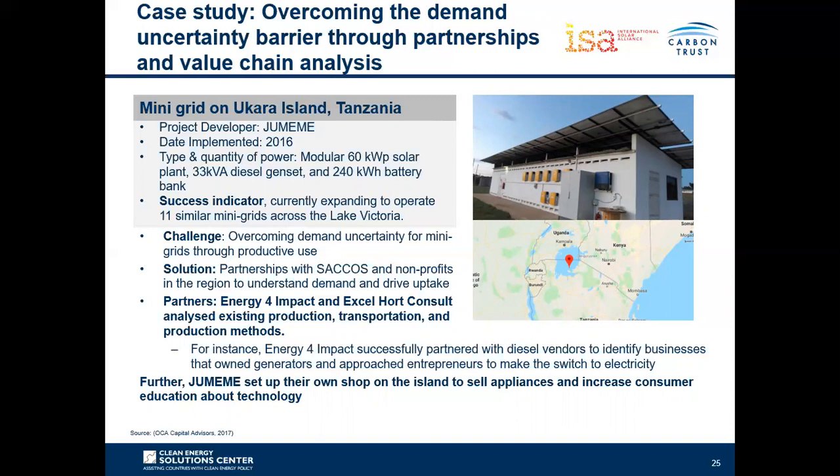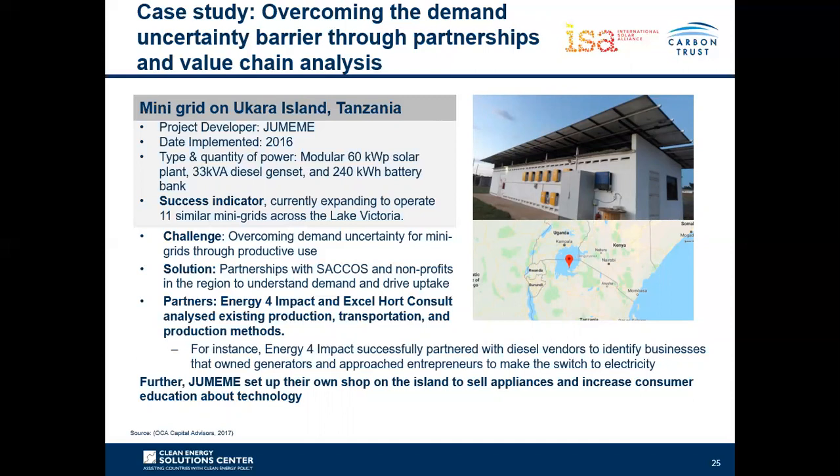And what was found is that this collaboration and partnering up provided the developer with a business case, how much demand they could expect, and the revenues that they could expect to earn from the project, and from a user perspective, gave them access to energy supply that was potentially cheaper than burning diesel in a diesel generator, and was of suitable quality for them to conduct their business and use this energy for productive purposes.